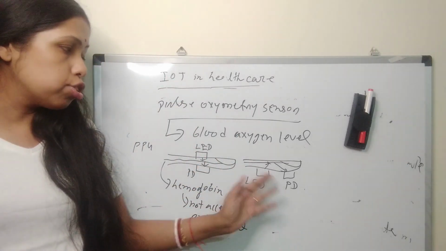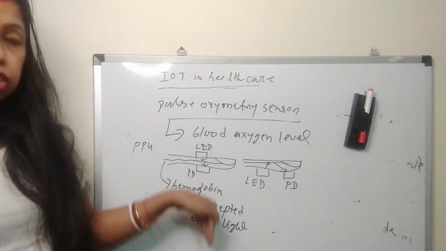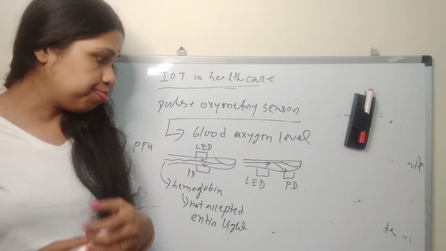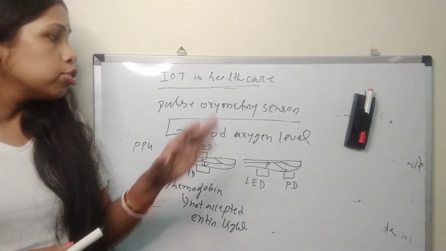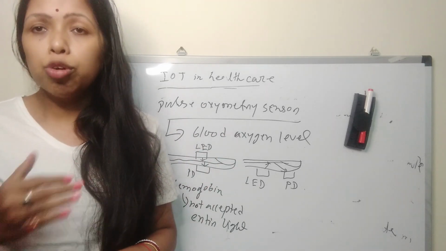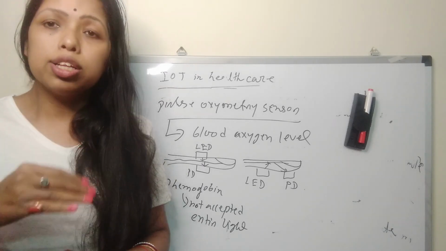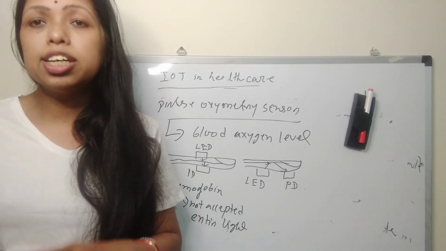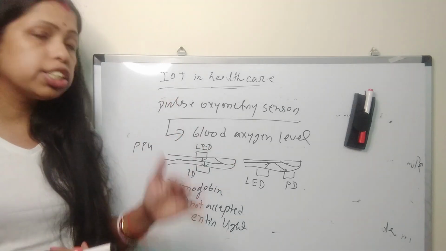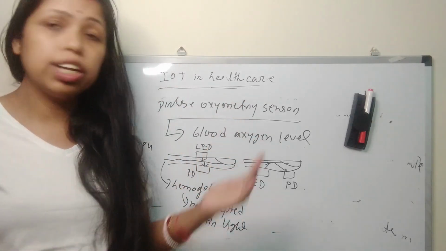Here it is the transmitting phenomenon, whereas earlier it was reflecting and transmitting. This is also based on the PPG sensor, so you can design the pulse oximetry sensor. Due to the change in the absorption of light by the hemoglobin, you can calculate the blood oxygen level.